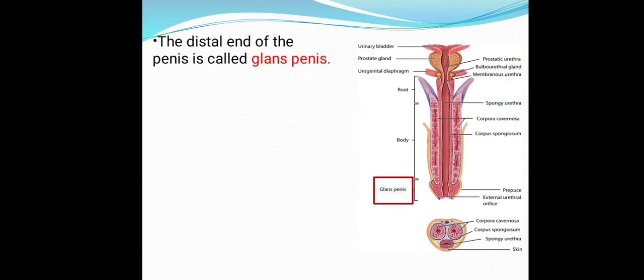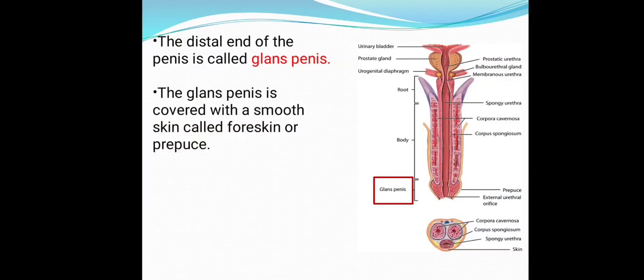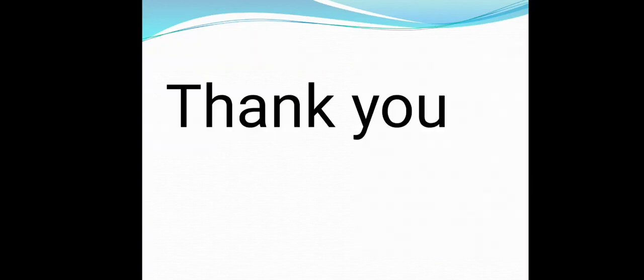The distal end of the penis is called the glans penis. The glans penis is covered by smooth skin called foreskin or prepuce. So this is about the male reproductive system of humans.